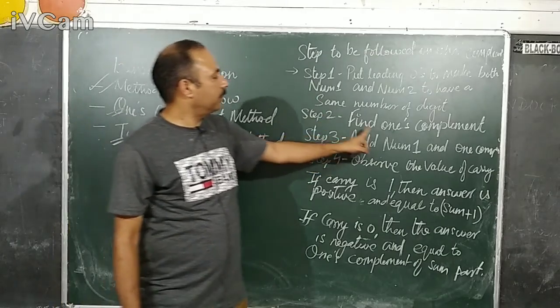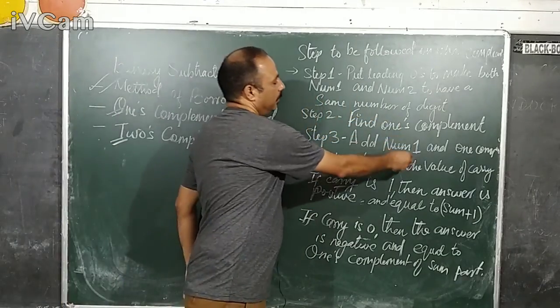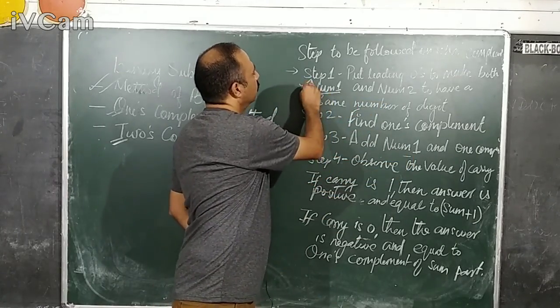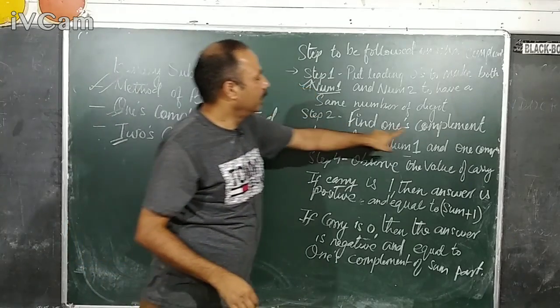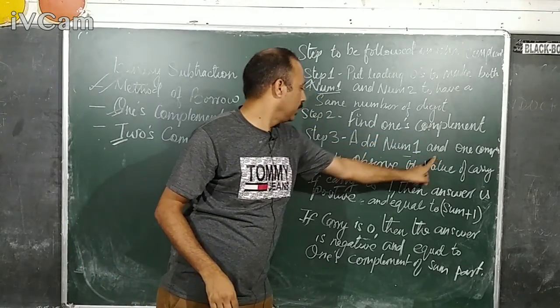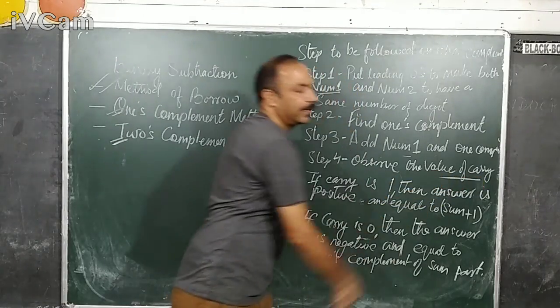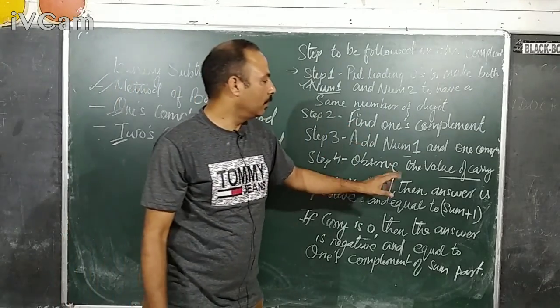Third, after finding the one's complement, the first number, the number from which we will subtract, needs to be added with the complement number. After that, we have to observe the value of the carry. The carry will be either 0 or 1.